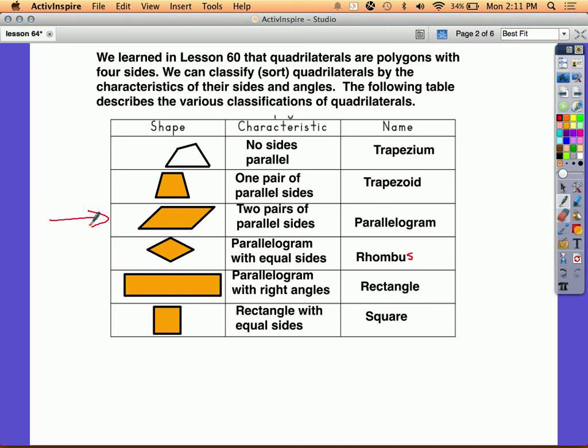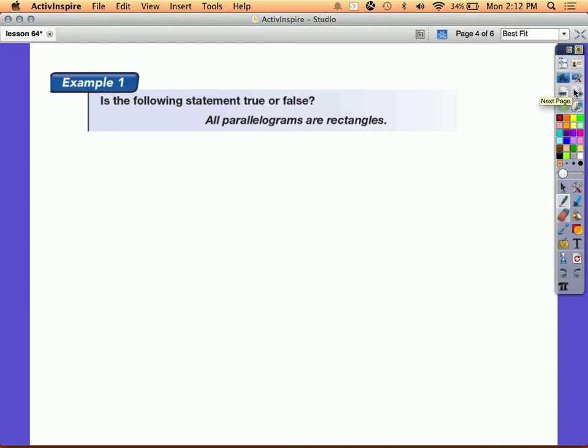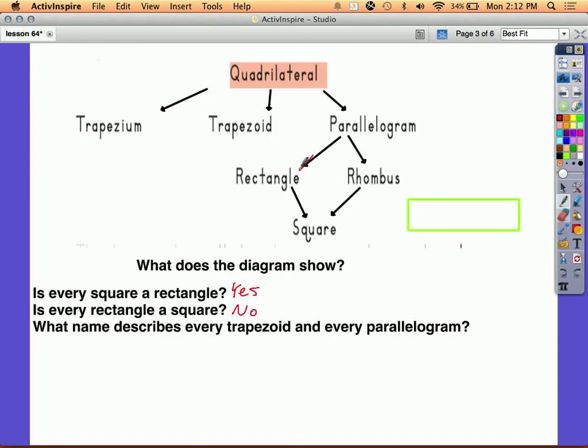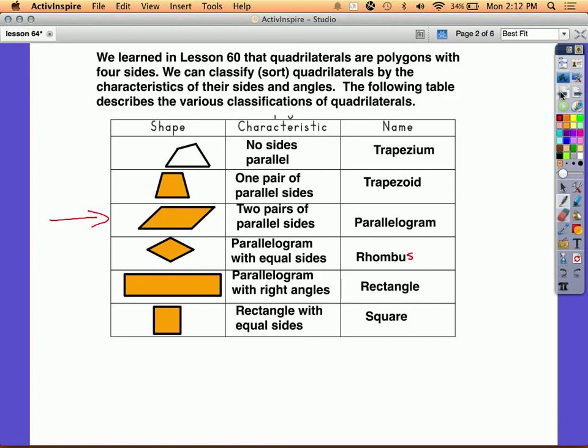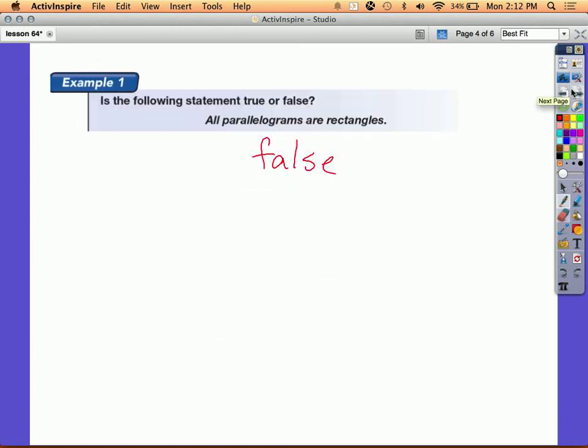So it could look like this one right here, which is not a rectangle. So are all parallelograms rectangles? That's false. We can have some there. Now, are all rectangles parallelograms? We look here, rectangles fall under that because they are a parallelogram with right angles. So if this was worded the other way, it would be true.